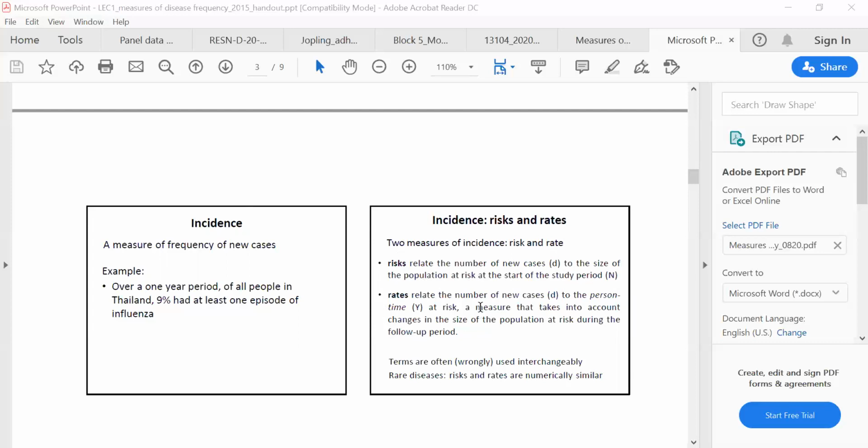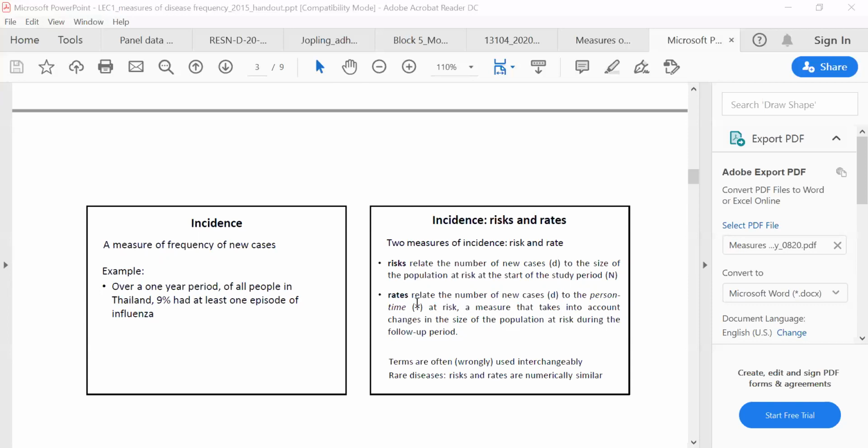Rate relates the number of new cases to the person time at risk. So rate takes into account the change in the size of the population at risk during the follow-up period. Rate has an element of time. Remember, when we are measuring, the population within a community is usually not static.